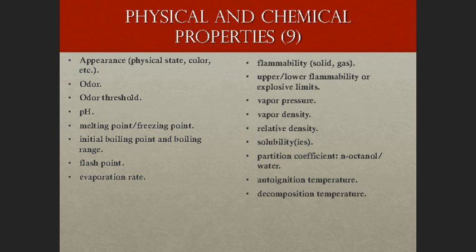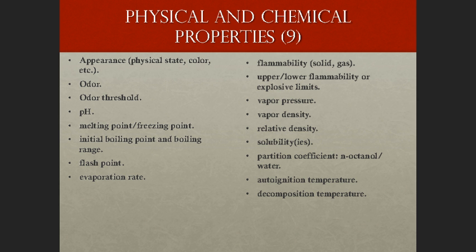We look at vapor density, for example, and compare that to air density, and that lets us know whether or not chemical fumes or vapors will be likely to sink to the ground and settle in low-lying areas or rise to the ceiling levels.